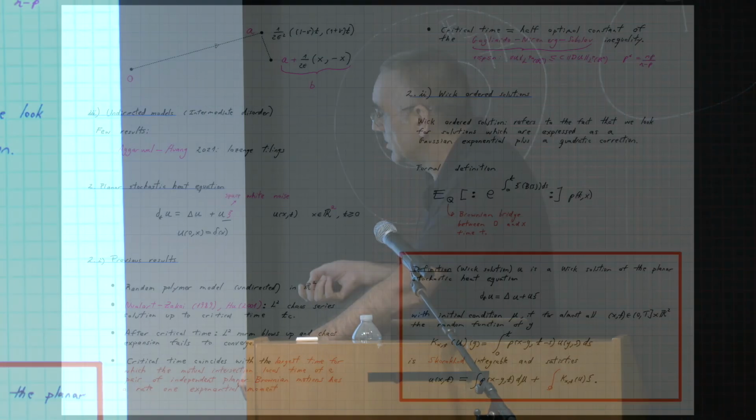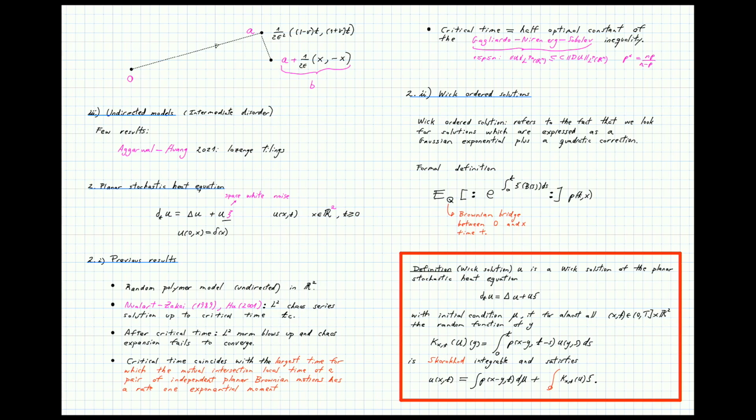I cannot write it here, but I want to say that in the case of the weak order solutions, the quantity that is subtracted in the exponential is 1/2 of the variance of this exponent with respect to the randomness of the noise.